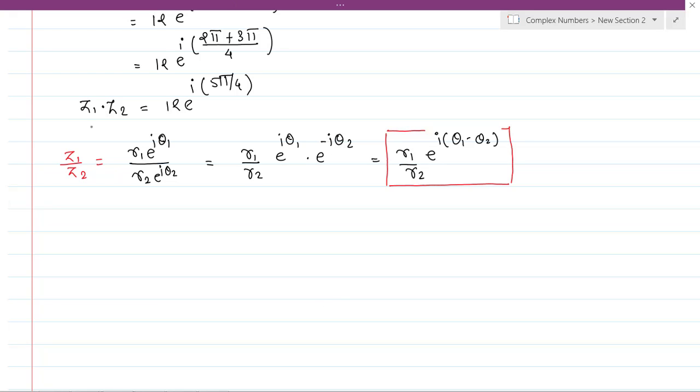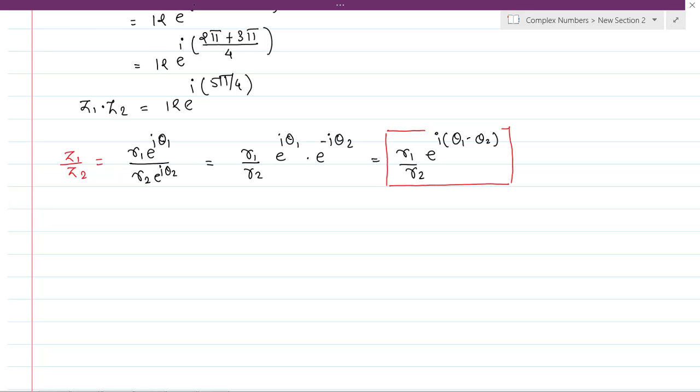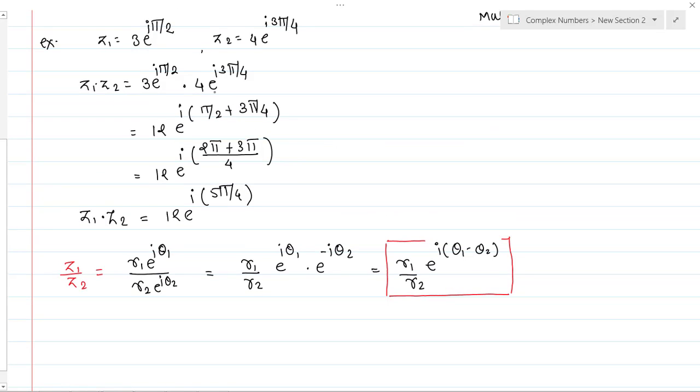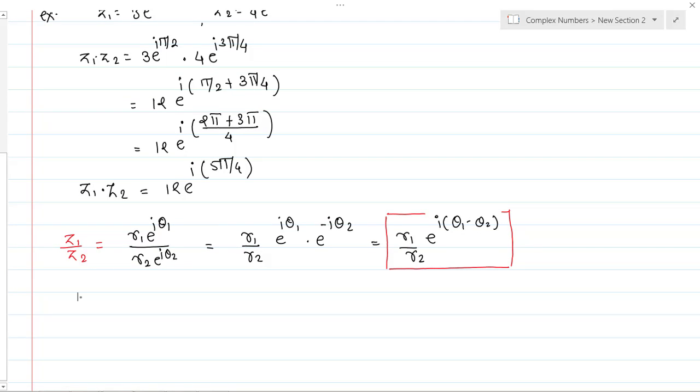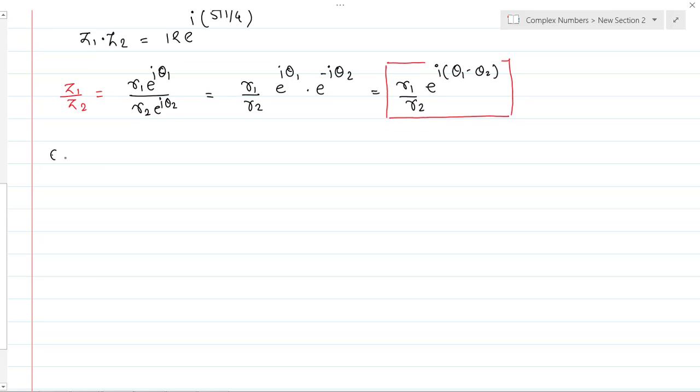So for the same question, what will be the answer? It was 3 e raised to i pi by 2 and 4 e raised to i 3 pi by 4. So let's take z1 by z2 again for the same question. z1 by z2 is equal to 3 e raised to i pi by 2 upon 4 e raised to i 3 pi by 4.